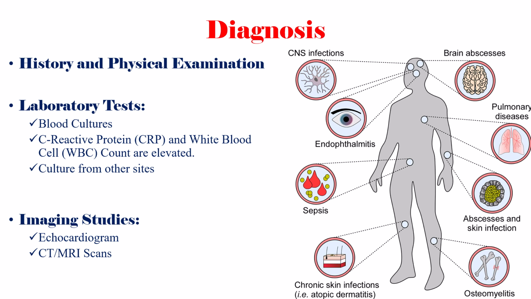C-reactive protein and WBC count, which are inflammatory markers, are typically elevated. Cultures from other sites, such as pus from soft tissue or an affected joint, might be taken. Echocardiography to evaluate for infective endocarditis, and CT or MRI scan to identify deep-seated abscess, osteomyelitis, or other metastatic pockets can be done.